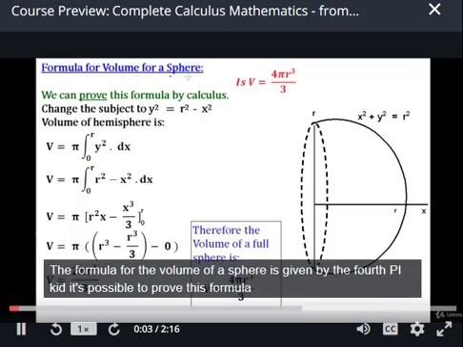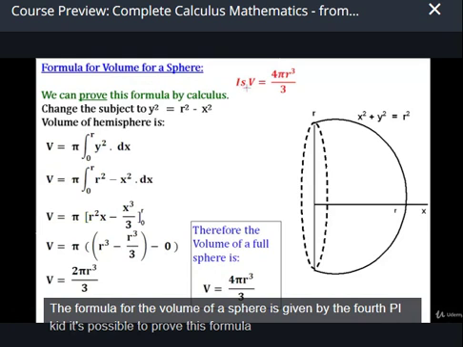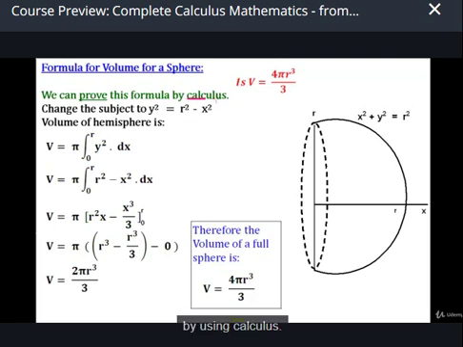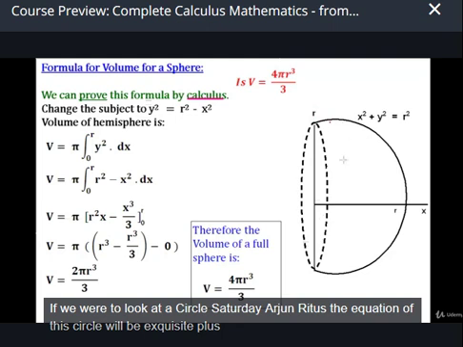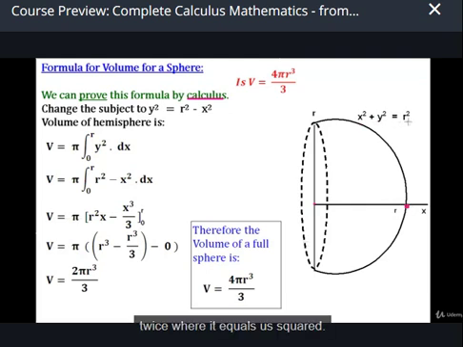The formula for the volume of a sphere is given by V is 4/3 pi r cubed. It's possible to prove this formula by using calculus. If we were to look at a circle, centre at the origin, radius r, the equation of this circle will be x squared plus y squared equals r squared.